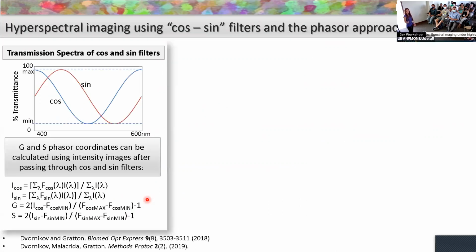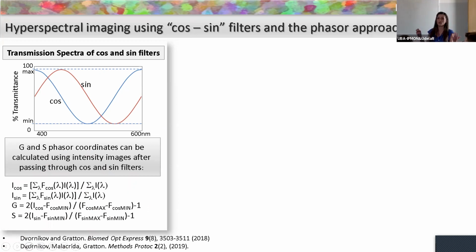So with this, in 2018, our group, Sasha, Enrico, and also Lionel, started developing a new method. Instead of measuring the emission spectrum in each pixel of the image and then making the phasor plot transformation, the idea was to use transmission filters that you put inside the optical path of your microscope, acquire images through those filters, and then calculate the phasor plot coordinates from those intensity images.